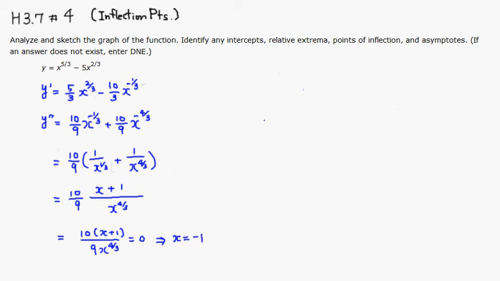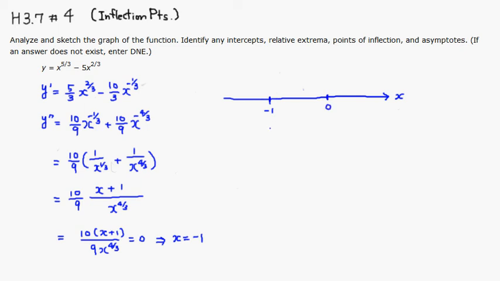Let's do the number line and look at the sign of the second derivative. We mark x equals negative 1, and we mark 0 as well, because the second derivative is undefined when x equals 0, since the denominator is 0.